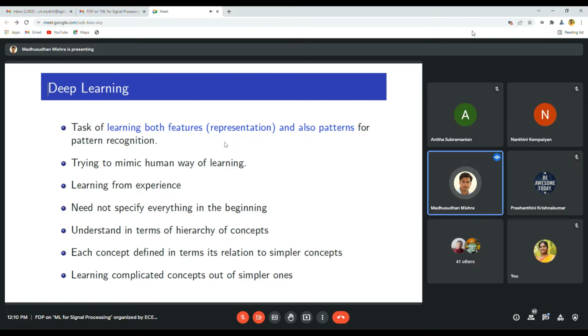The task is learning both features and also patterns for pattern recognition. Deep learning tries to mimic the human way of learning from experience, and need not specify everything in the beginning. It understands in terms of a hierarchy of concepts, each concept defined in terms of its relation to simpler concepts.